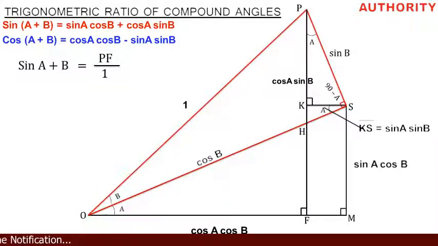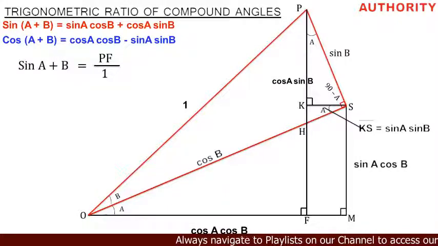So what is our PF? Pay attention. We discovered that we have line SM and line PK. If you join them together, it will give you our PF. We say that SM is equal to KF.